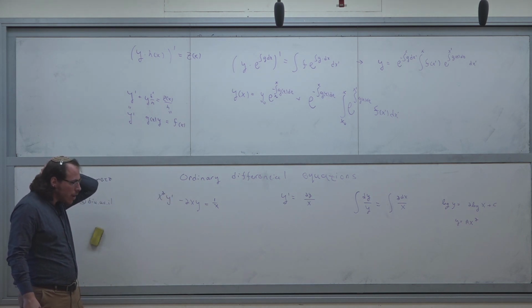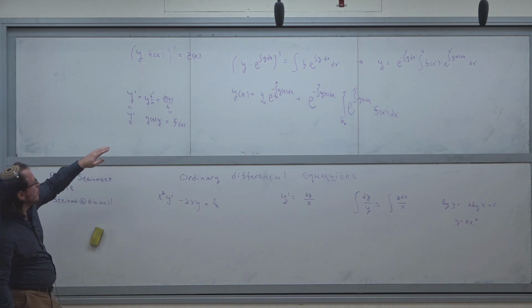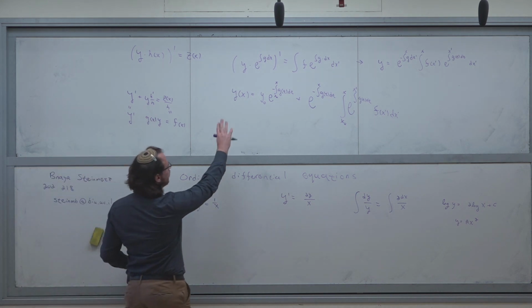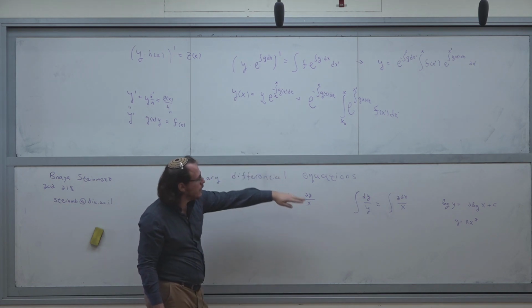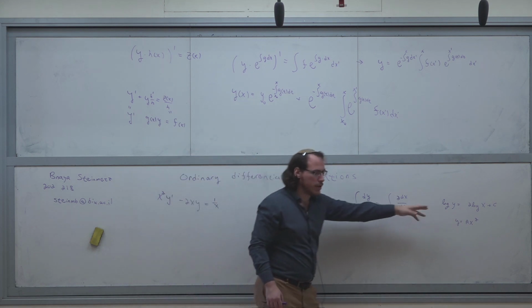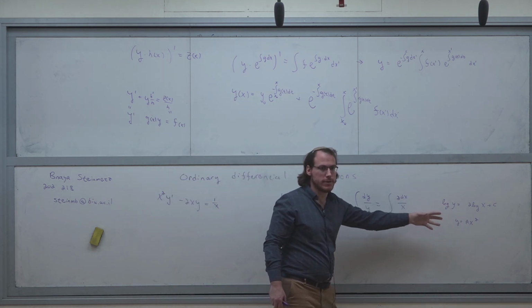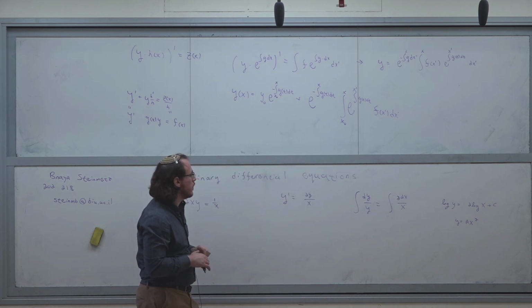Okay. So in terms of the explanation before, so this x squared is actually the exponent of log x, right? This is the exponent of log x squared.